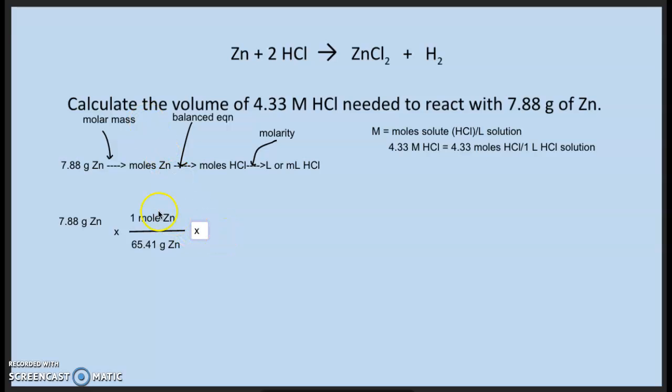Second, I need to convert the moles of zinc to moles of HCl from the balanced equation. 1 mole of zinc converts to 2 moles of HCl. So I've got that one now set up. And then finally, now I can use my molarity, 4.33 moles of HCl for every 1 liter of HCl solution. And so that last one goes in there.